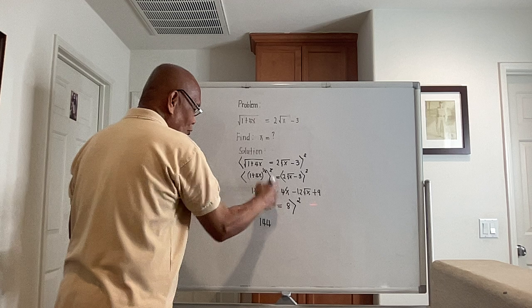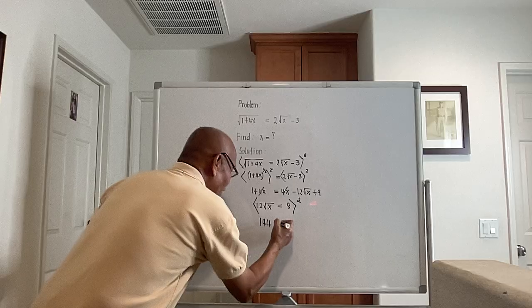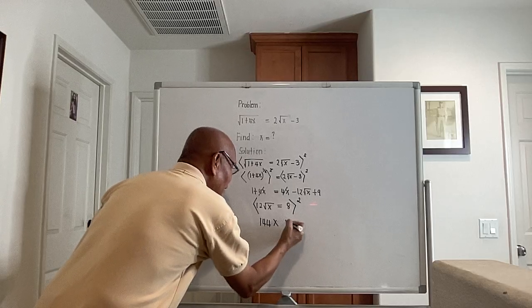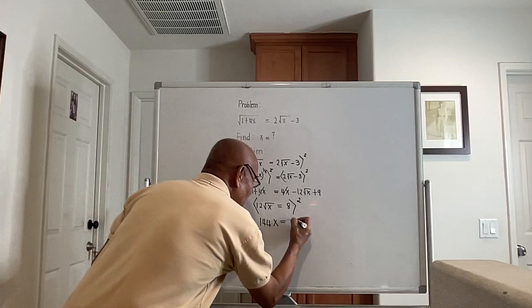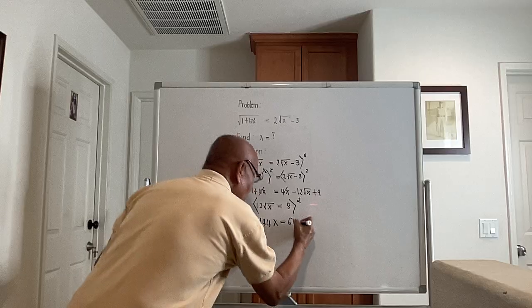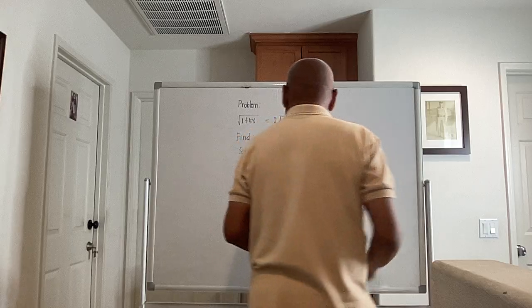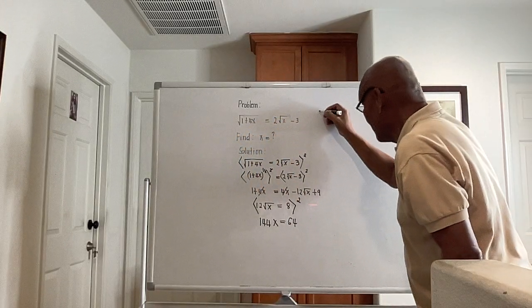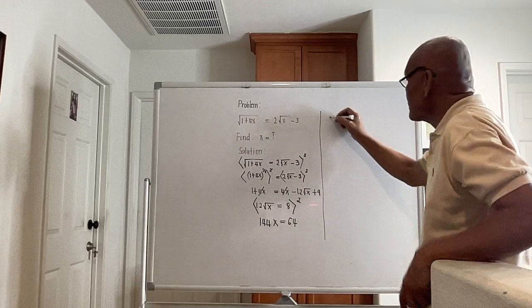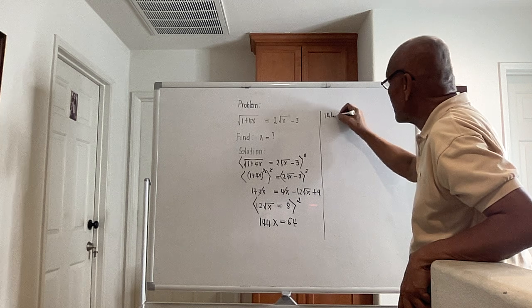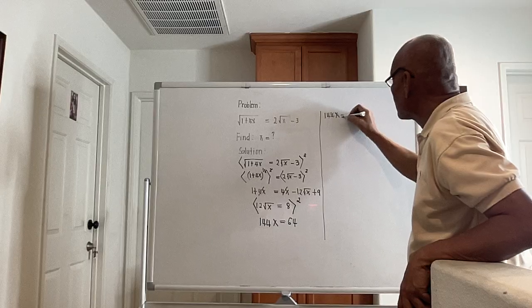And the square of x to the 1/2, the 1/2 times 2 will be 1, so this will just be simply equal to x. And this should be equal to, the square of 8 will be 64. Okay? So x now is free of the radical sign. That is 144x equal to 64.